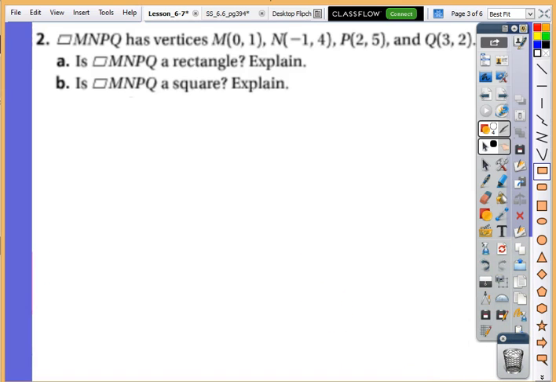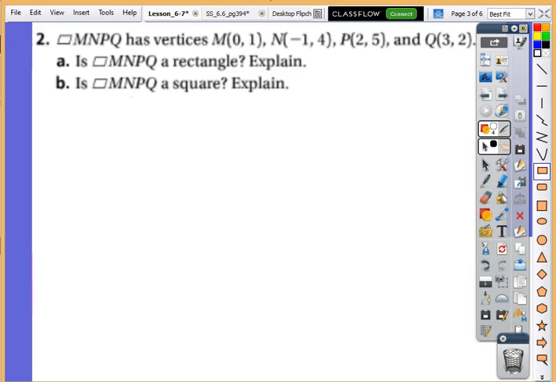What do you think is the best way to go about solving this? How do you decide if something's a rectangle? Two pairs of opposite sides have to be congruent. That makes it a parallelogram. And then how do you know that it's a rectangle? 90 degrees.